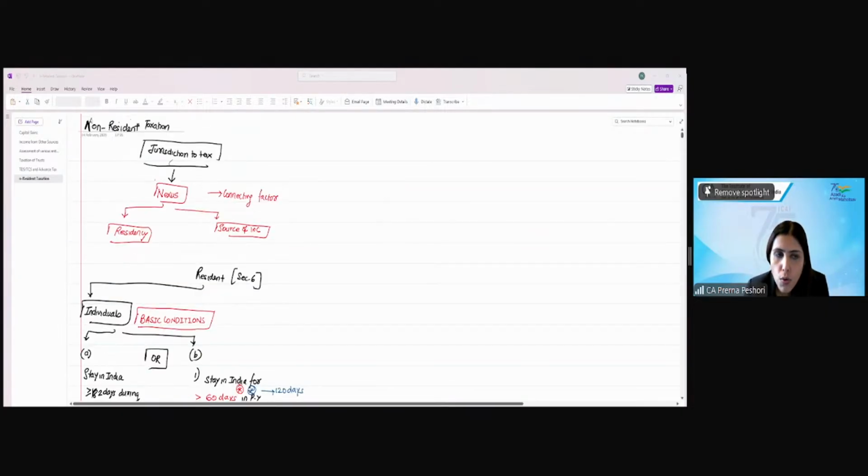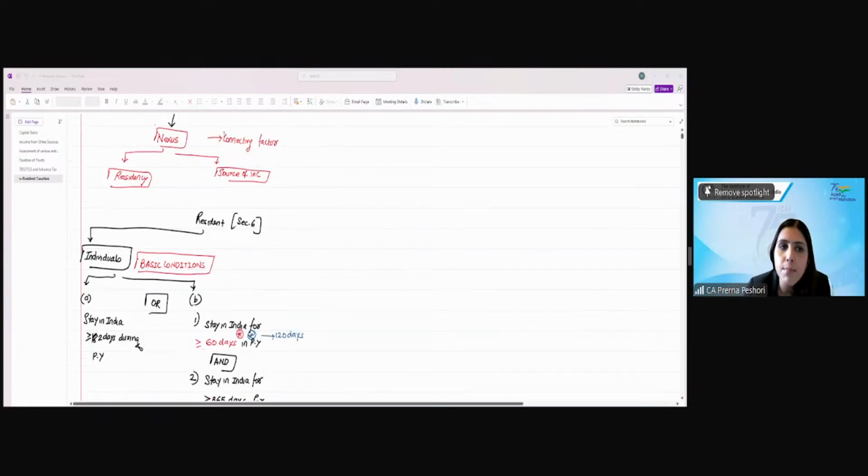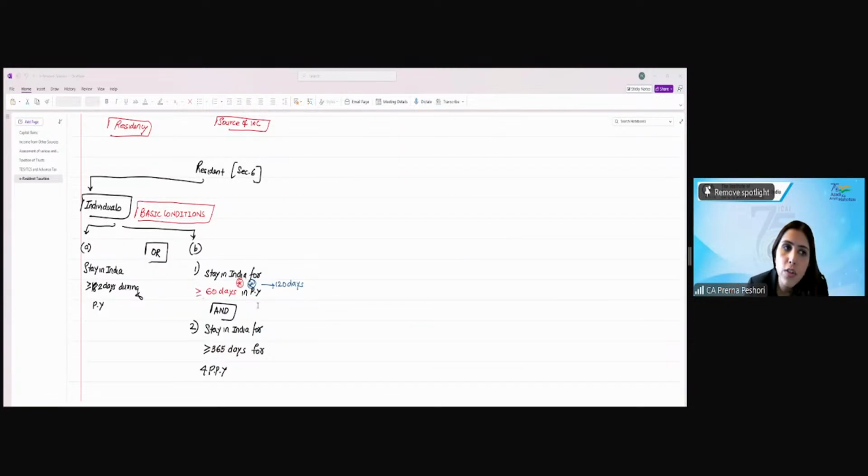Whether a country can tax you depends on whether you are a resident of that country and where the source of income is. If you're not a resident, then basis the source of income in that country, the country can tax your income. Are we clear? So that's the reason why it is important to determine your residential status, where you are a resident.